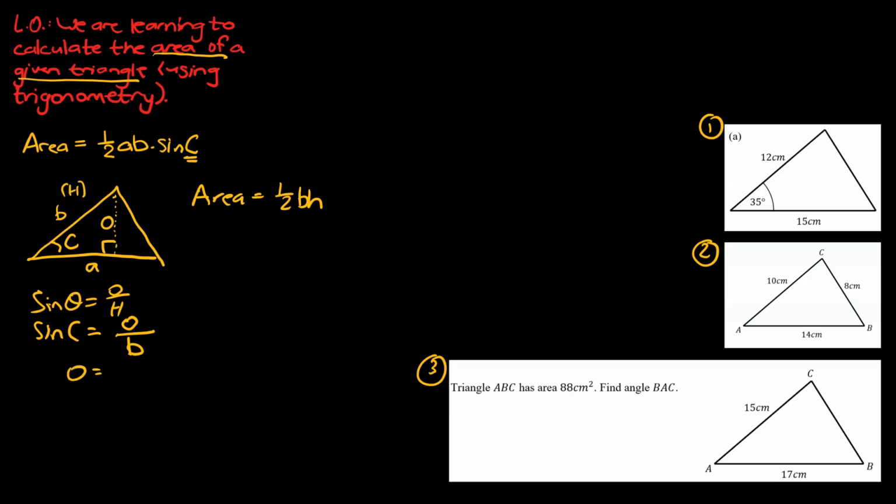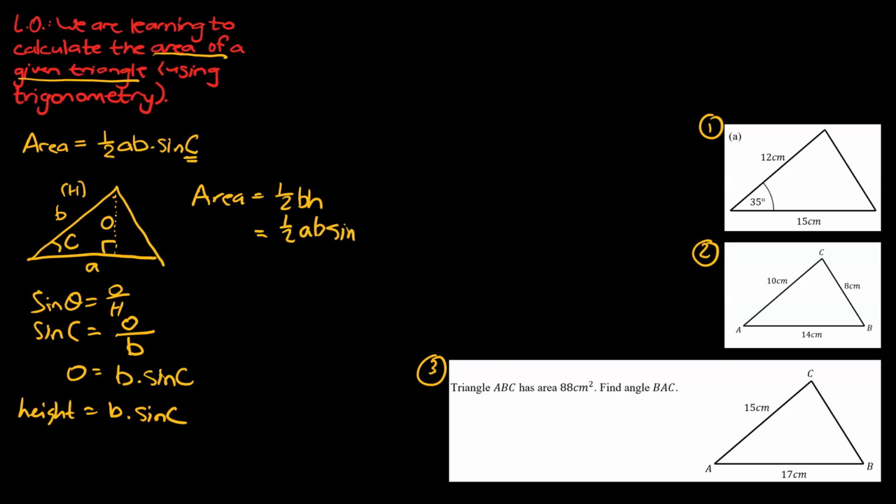We can then rearrange it. O is going to be equal to little b times sine c, because that little b moves to the other side as multiplication. So the height of this triangle, in terms of our formula, is little b times sine c. Let's now substitute all of that into our equation. 1/2 of the base, and the base of our triangle is A. The height of our triangle is b sine c.